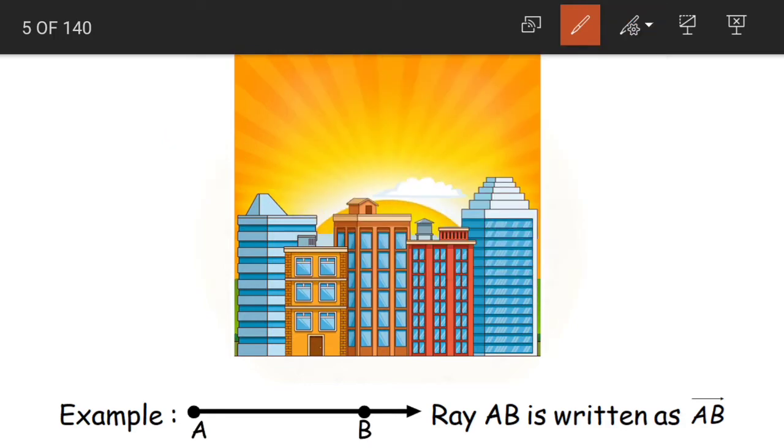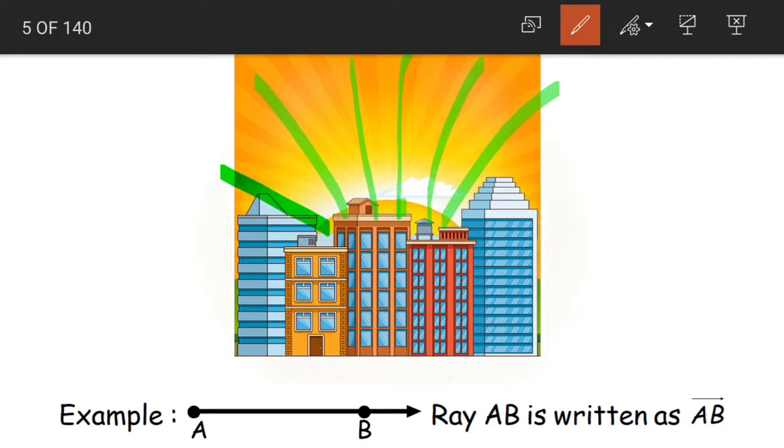So here the sun is the endpoint and on the other side it has no endpoint. It has an arrow mark, which means that it can extend indefinitely.